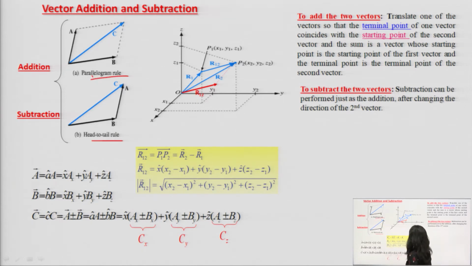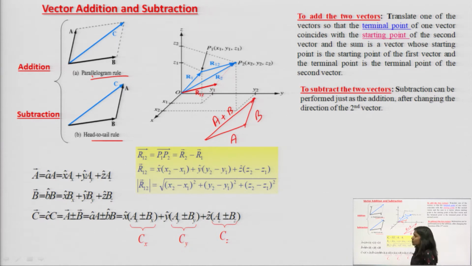In the head to tail rule, if there is one vector A starting from here and ending here, and we want to add B, then we have to keep the starting point of B on the terminating point of A like this, and the total sum of A and B will be the line joining the starting point of A and the ending point of B like this. So this will be A plus B.